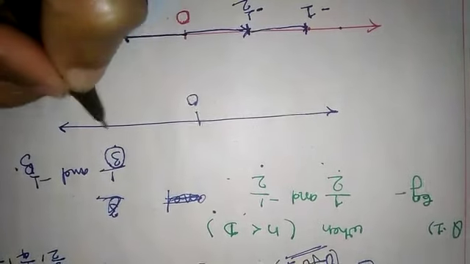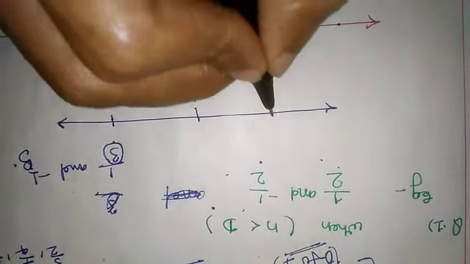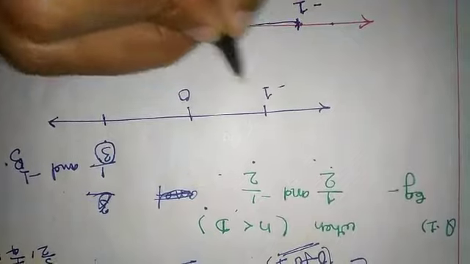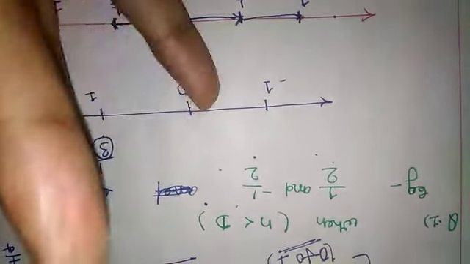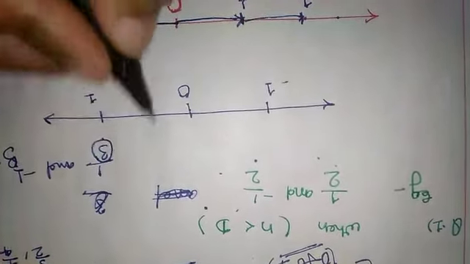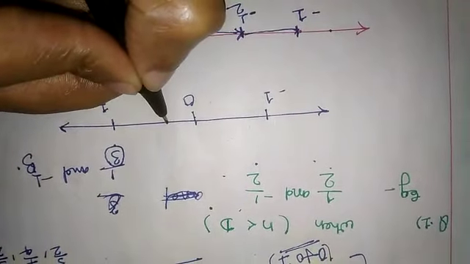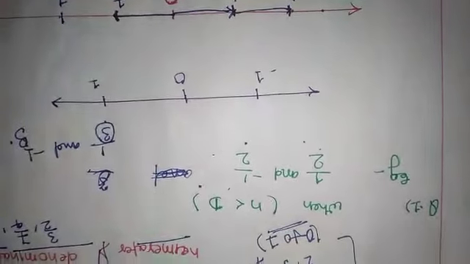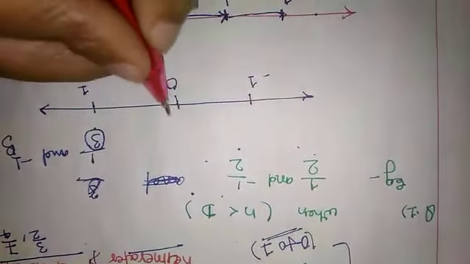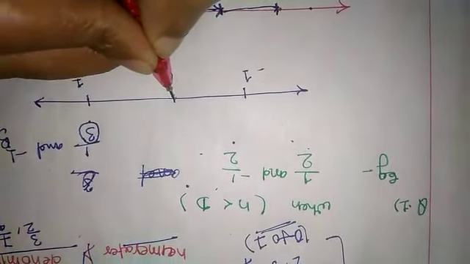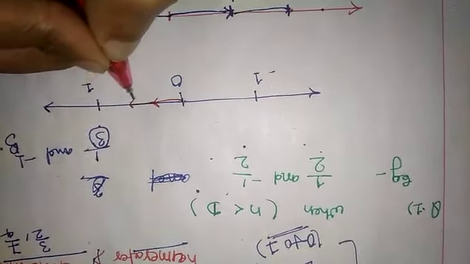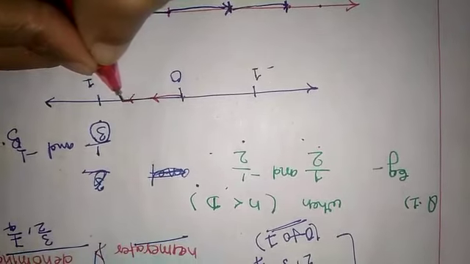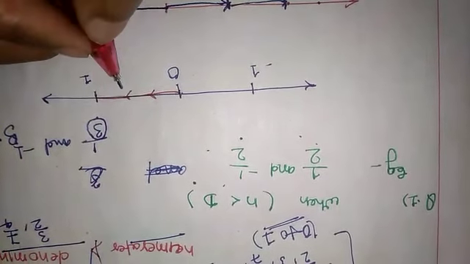This is 0, 1, minus 1. We divide this into 3 equal parts because the denominator is 3. So one part, 2 parts, and this is 3 parts.